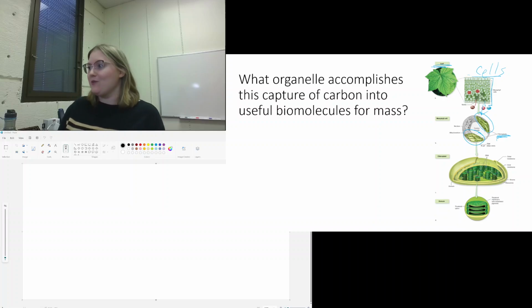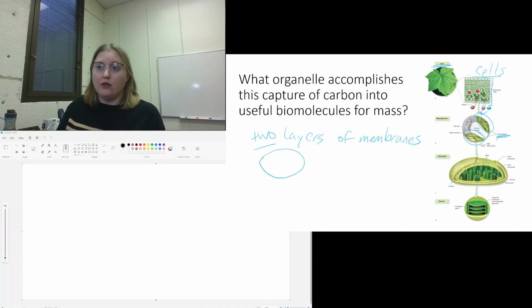And chloroplasts are the reason that plant cells can take in light and take in carbon dioxide and produce sugars and carbohydrates. So if we look at our chloroplast here, one thing about chloroplasts is that it has 2 layers of membranes. Okay, so it has an outside layer that separates it from the cell at large, and then it has these inside layers.